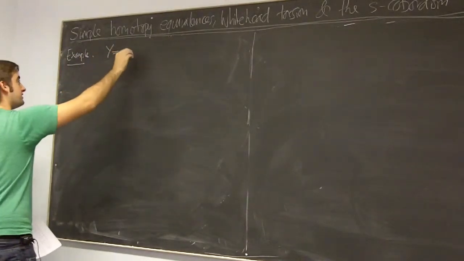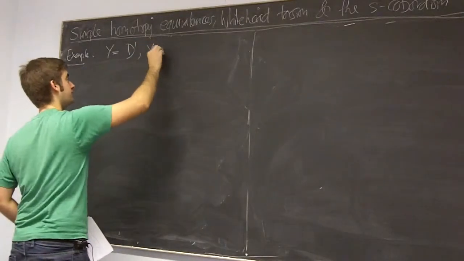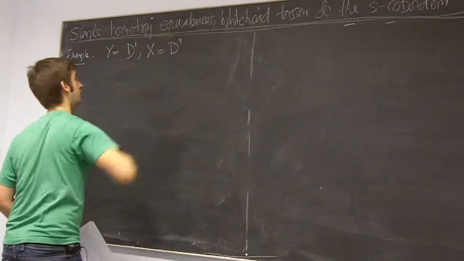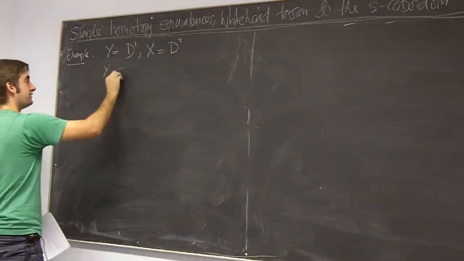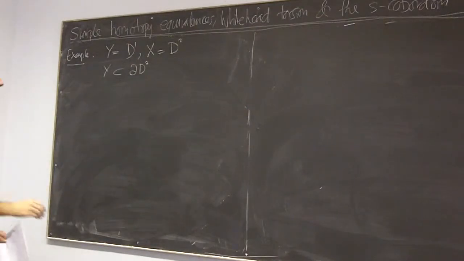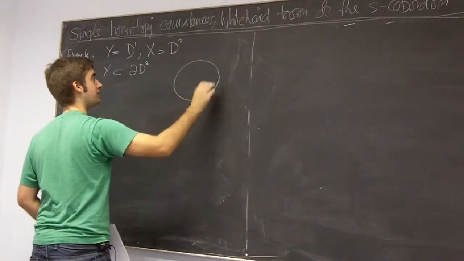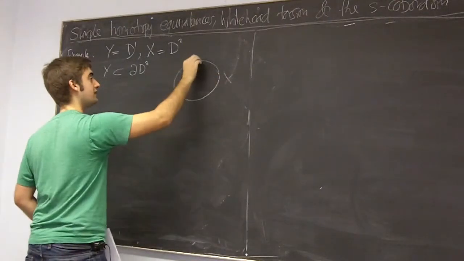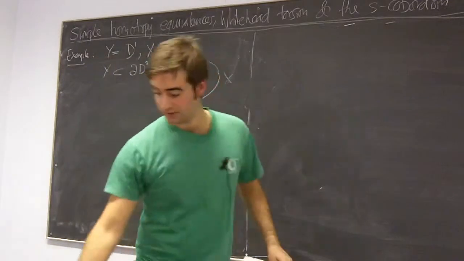So Y is going to be D1, X is going to be D2, and Y is in the boundary of D2. So here's X, and let's see if I've got another colour.